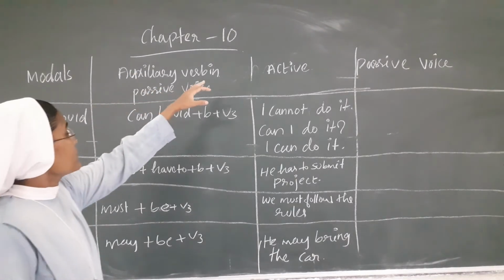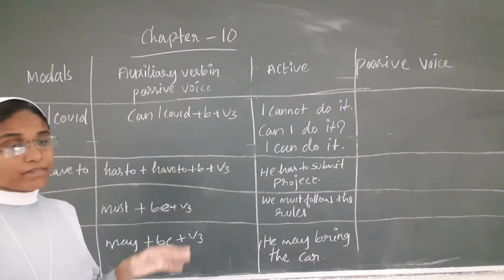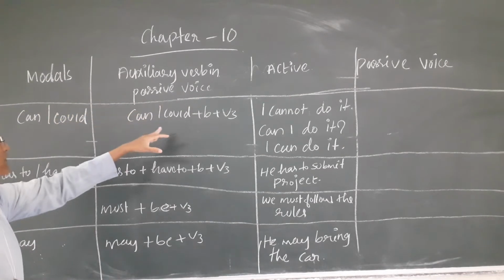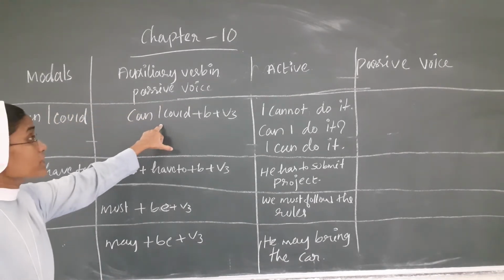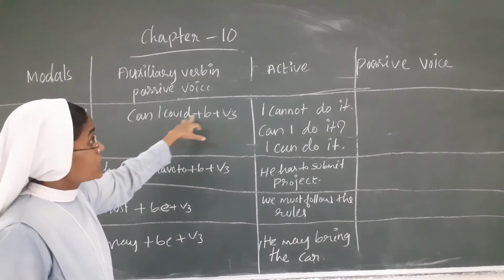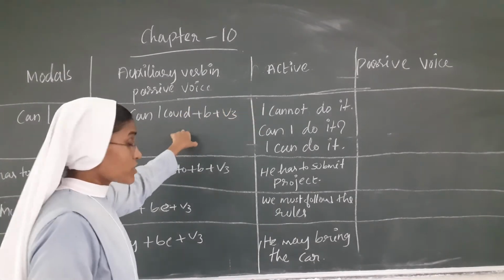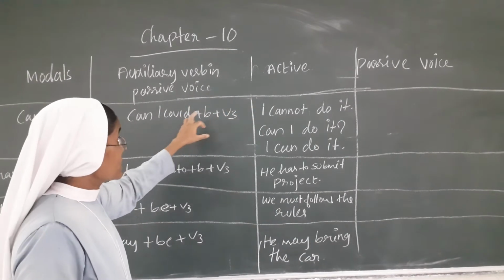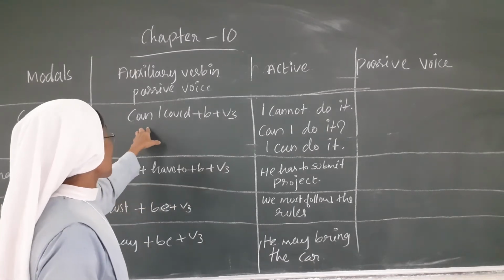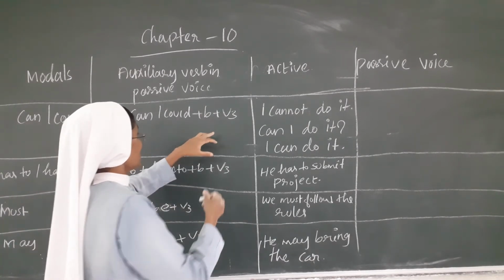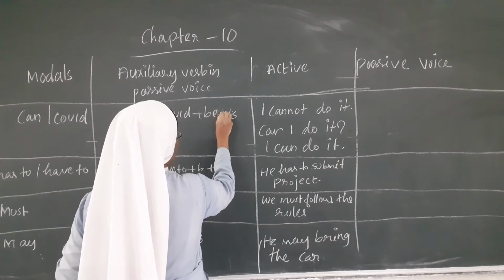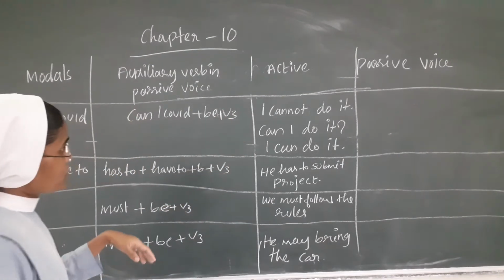The auxiliary verb in passive voice. Auxiliary verb means this. Then in the passive voice, here you see can, could plus be and verb 3 will be used.